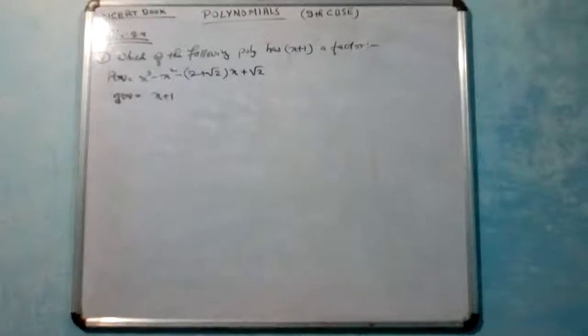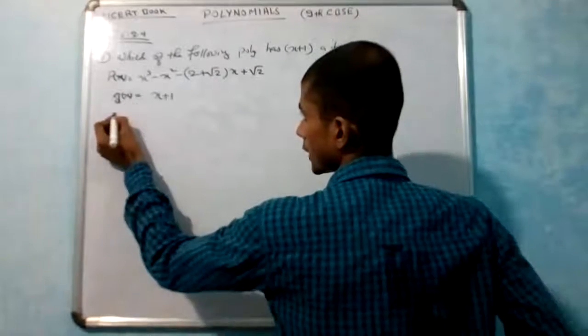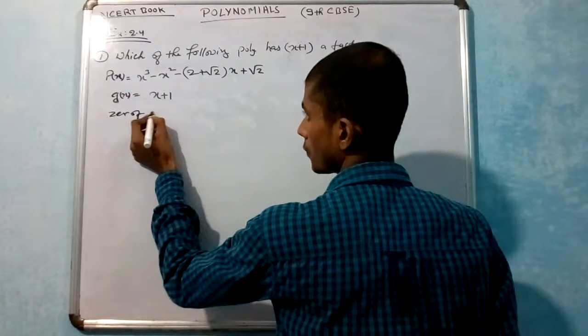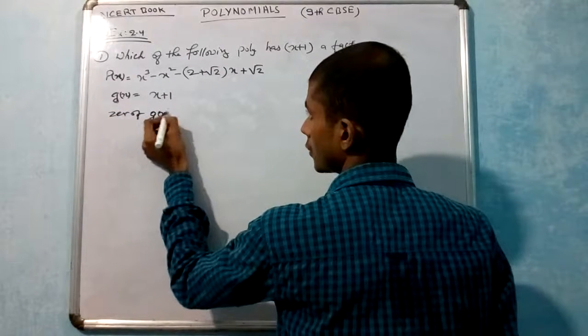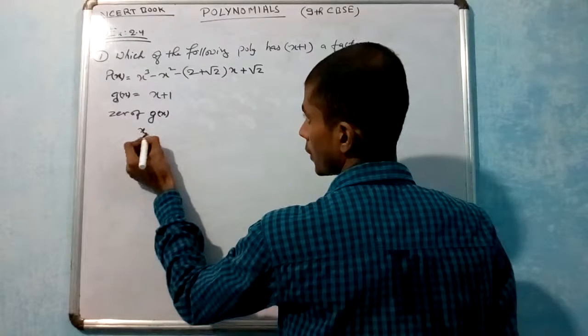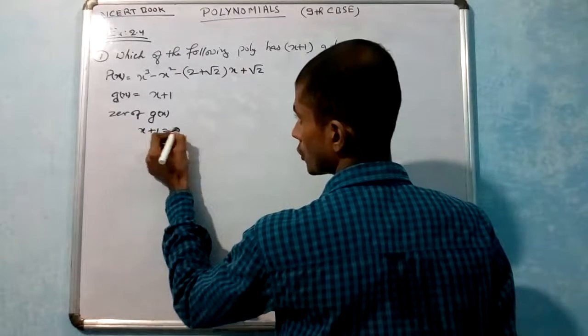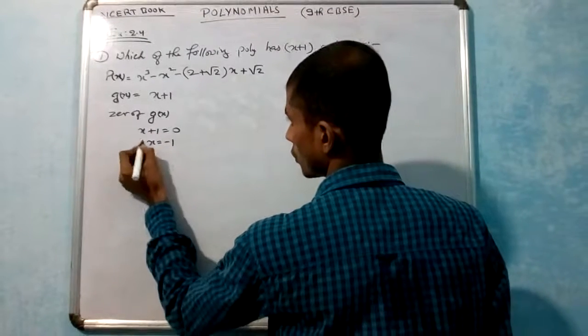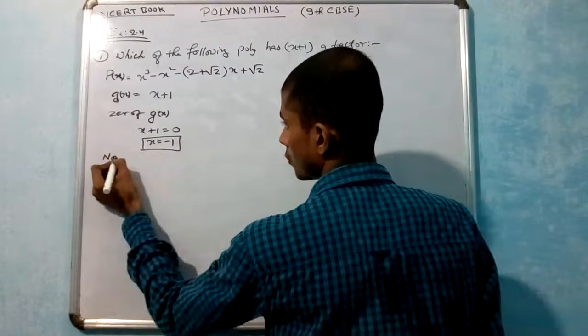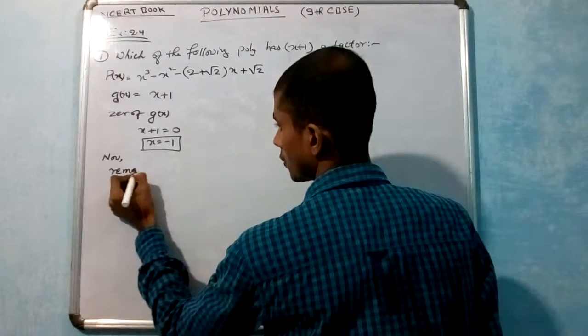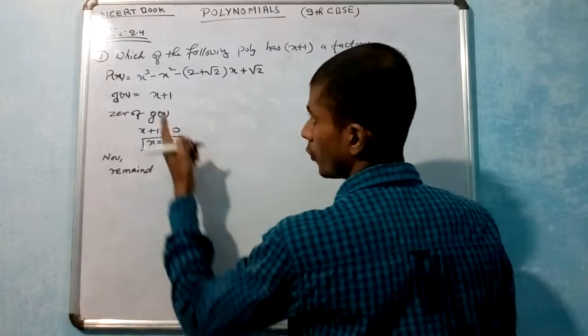Now tell me fast in this: zero of g(x), x plus 1 is equal to 0, x is equal to minus 1. Now the remainder, what? When p(x) is divided by g(x), that remainder.